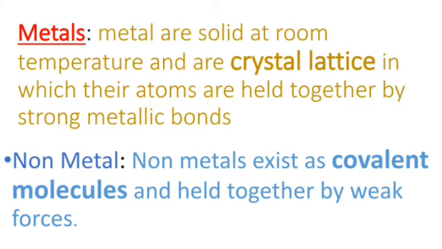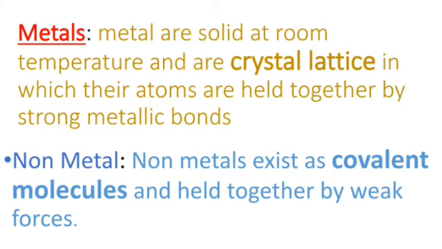Okay, now let's look at non-metals. Non-metals exist as covalent molecules and are held together by weak forces. Covalent molecule is the keyword on non-metal. The keyword on metal is crystal lattice.